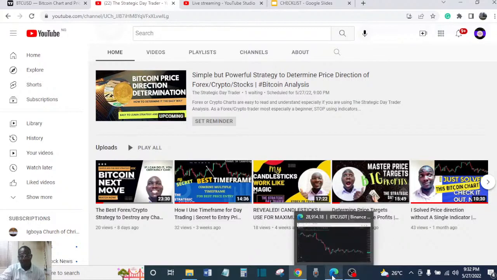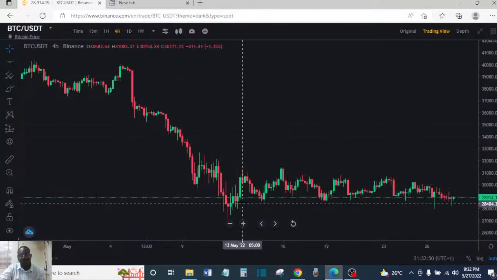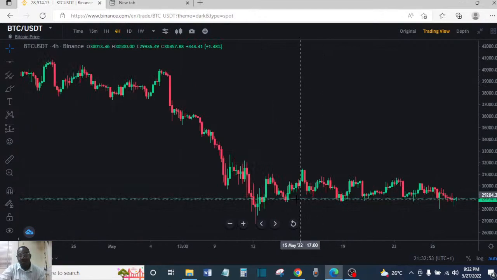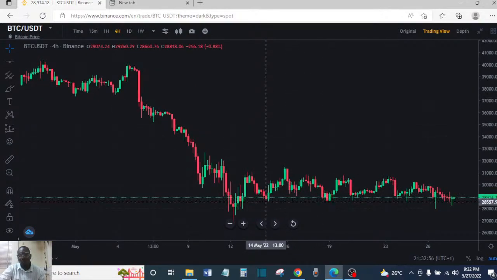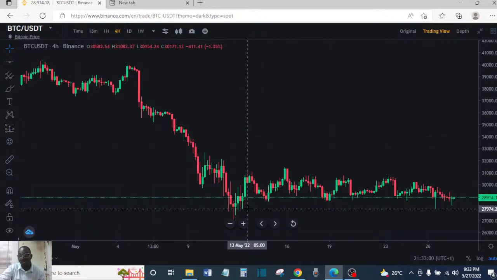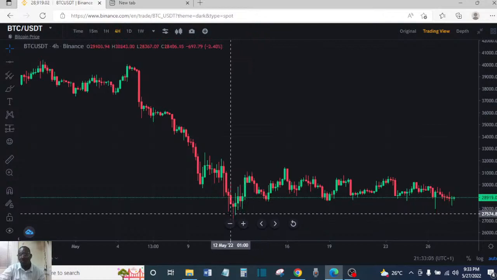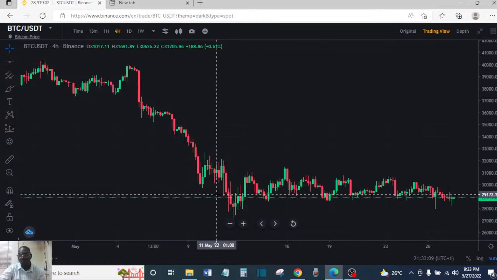All right, so now, based on the fact that your accounts will not be liquidated, it is better you set your stop loss so that market price can take you out in case market will go against you.